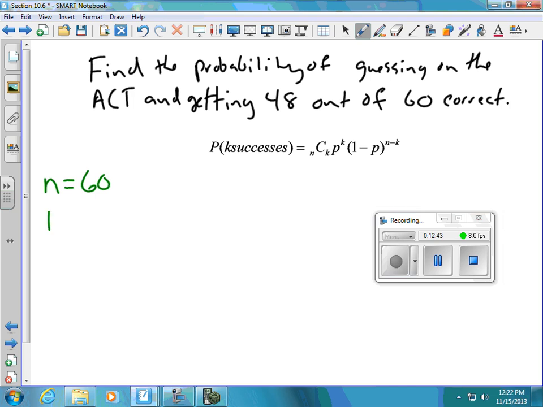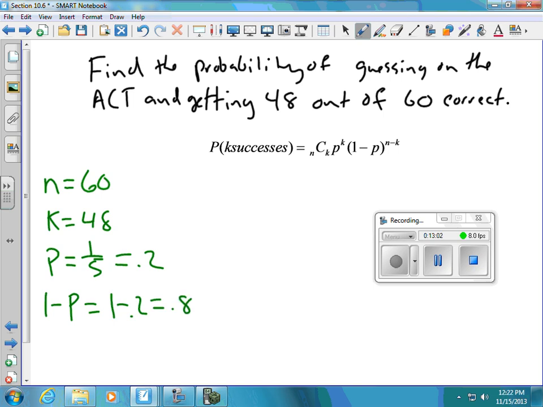We want to have 48 successes. The probability of success: there are 5 choices on the ACT, only one of them is correct, so 1 out of 5 is a 0.2 chance. The failure rate, rather high on this one, is 0.8. And the number of failures is 60 minus 48, or 12.